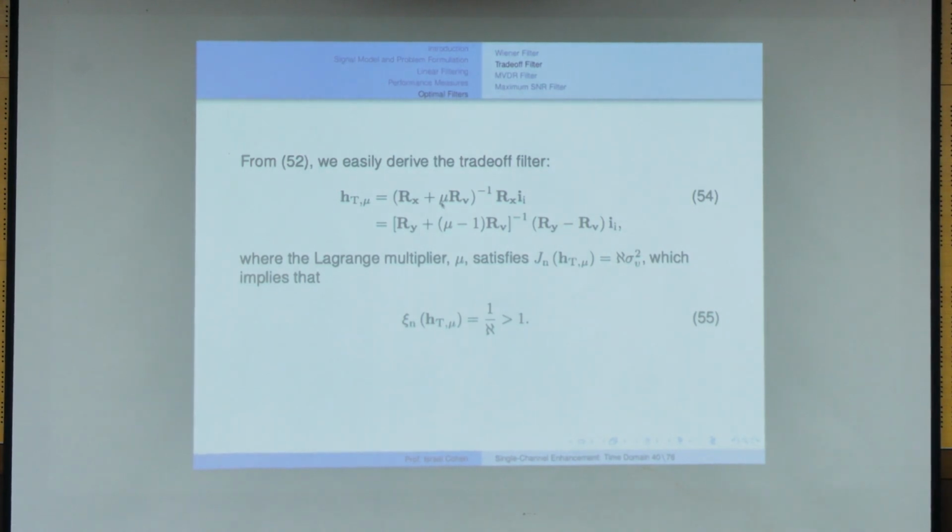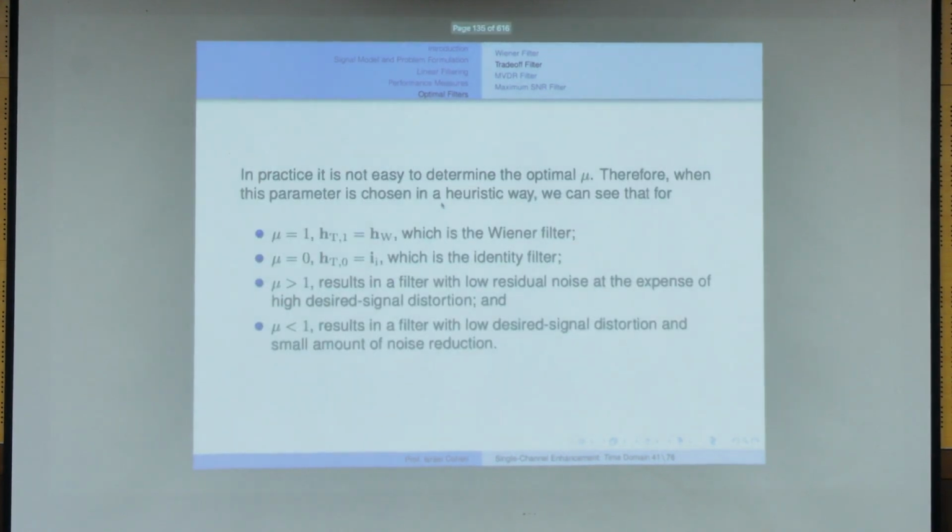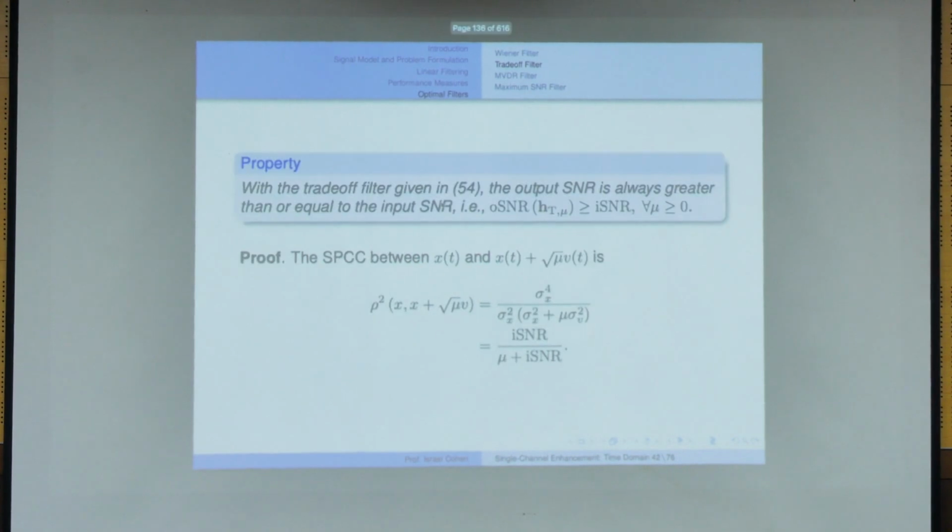I would like to go to an example, but before I go to an example, any questions so far? Okay, so I will go and show an example. But before that, you have this, what we talked about before. And also we have this property. Remember that with the Wiener filter, the output SNR is always larger than the input SNR, even though we didn't talk about SNR.